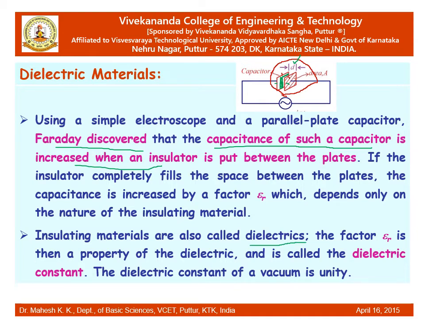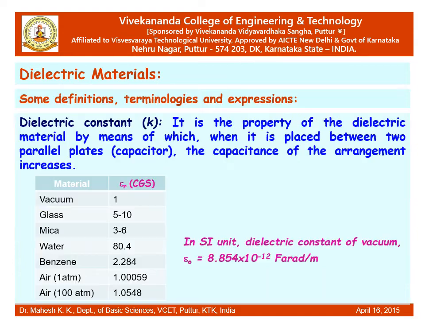The factor epsilon r is the property of the dielectric material and is called the dielectric constant, which is unity for vacuum. So try to define the dielectric constant. It is the property of the dielectric material by means of which, when placed between two parallel plates in a capacitor, the capacitance of the arrangement increases.